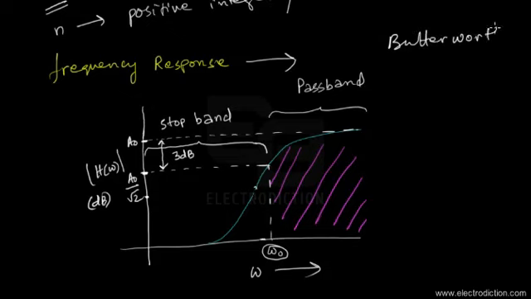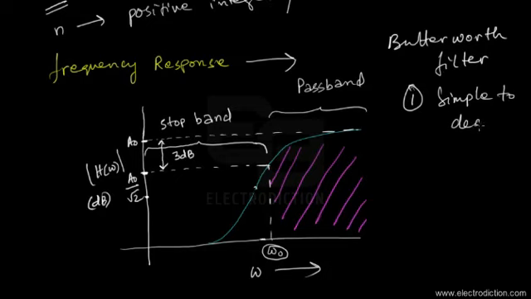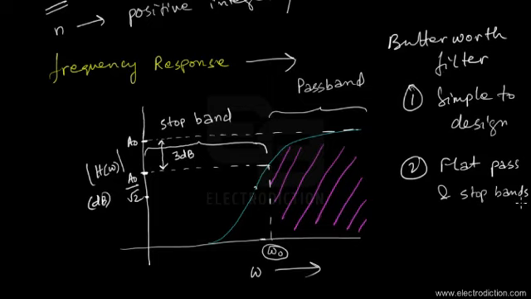They are used in almost the major portion of electronics nowadays because of 2 reasons. One is that they are simple to design, and also for their flat pass and stop bands.